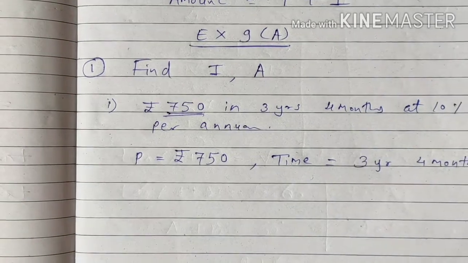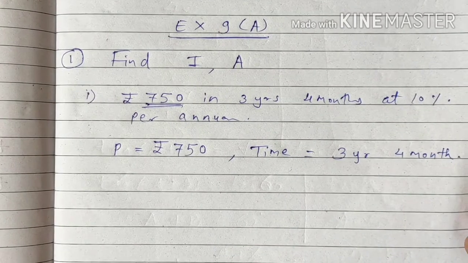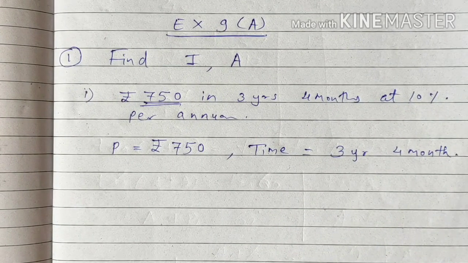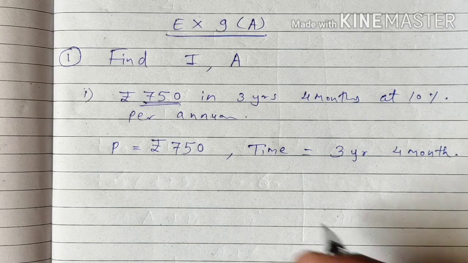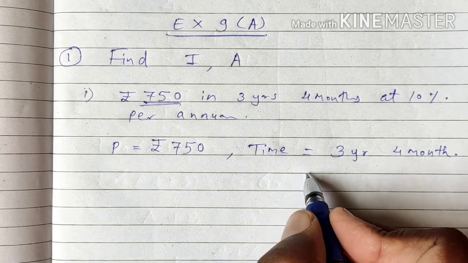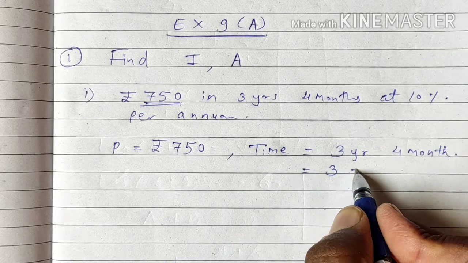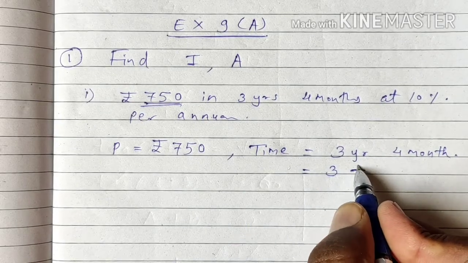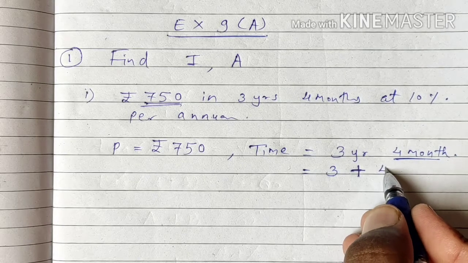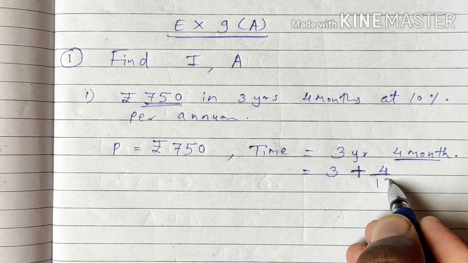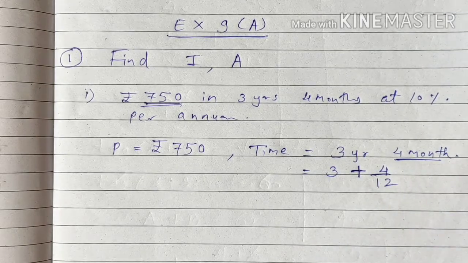So the thing to remember here, whenever we are solving a per annum question, we are going to convert it into years. Okay, 3 years and 4 months. Convert this month into number of years by dividing it by 12.